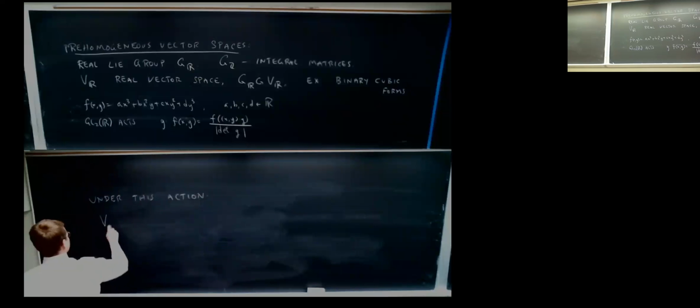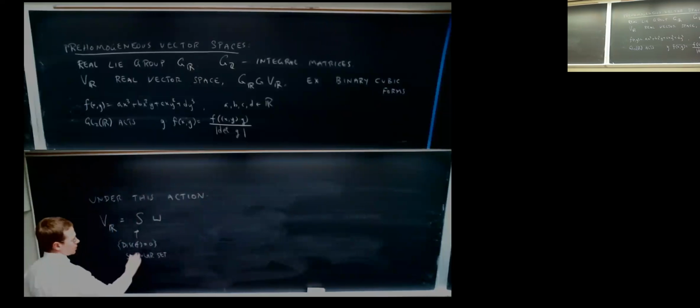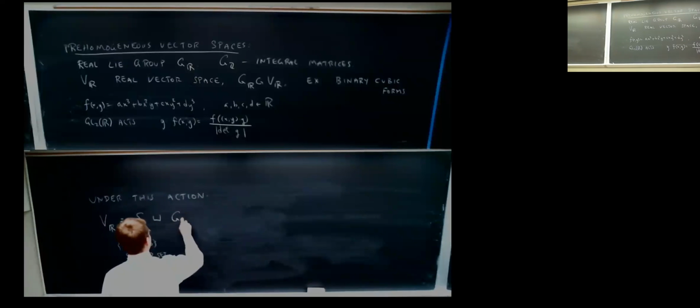Under this action, the space V_R is a disjoint union of orbits. A set S is a singular set. We have an invariant, the discriminant, in each space, and then a disjoint union of G_R orbits.